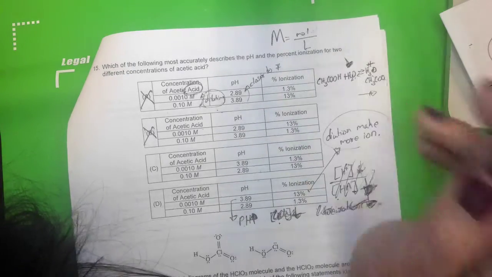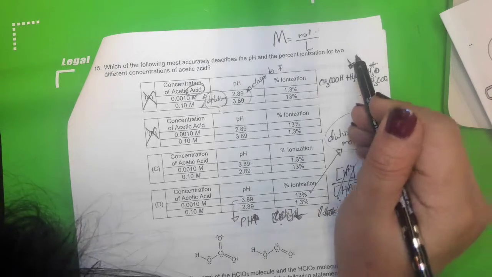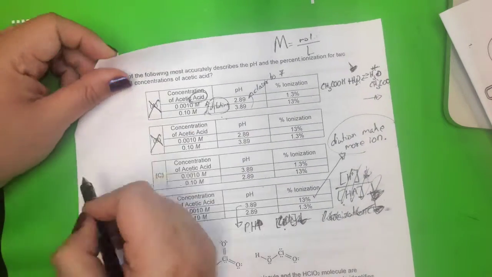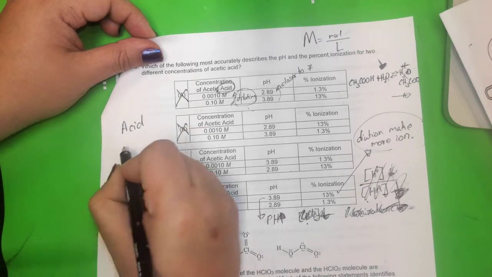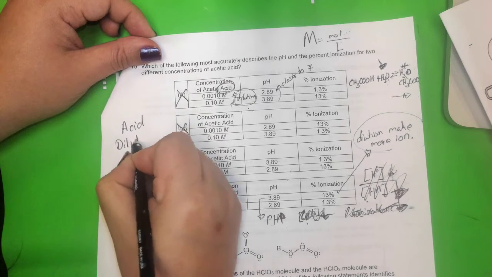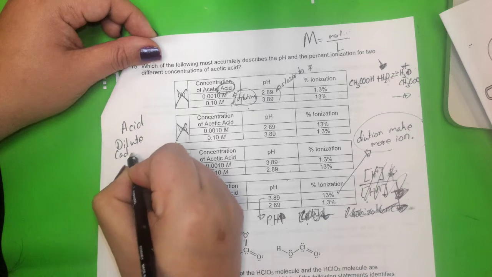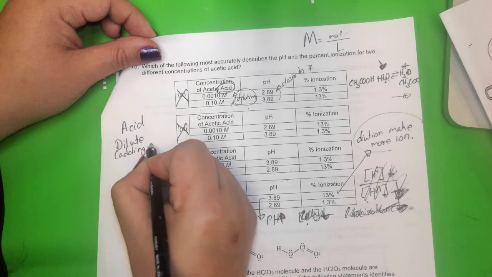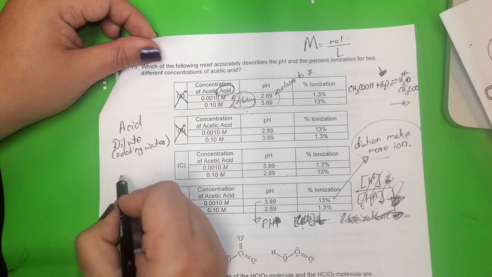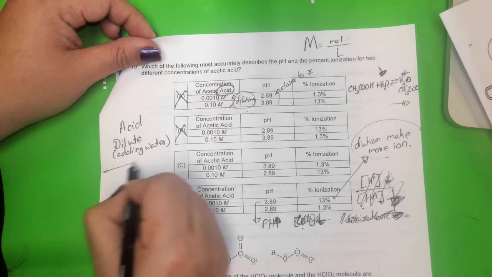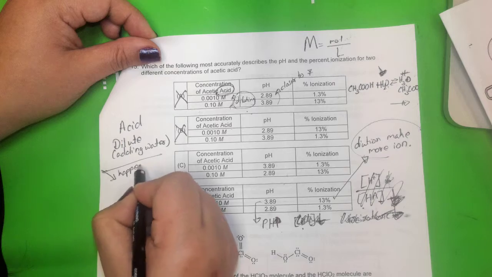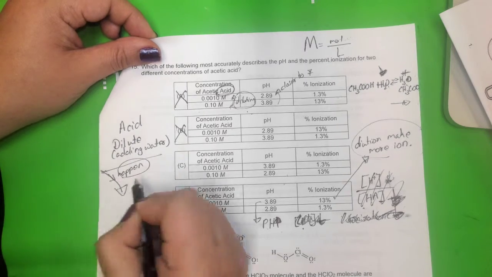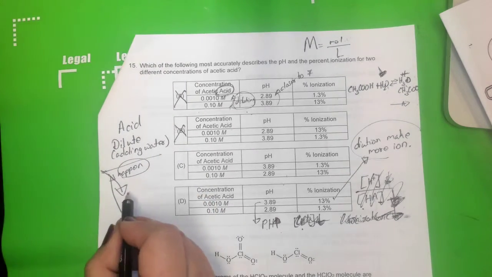I know it's confusing. You can try plugging in a number, but either way, here's what you need to know. Okay, I'm going to write down the note on the side for you for this one. Acid. Okay, when you dilute, meaning you are adding water, these two things are going to happen.